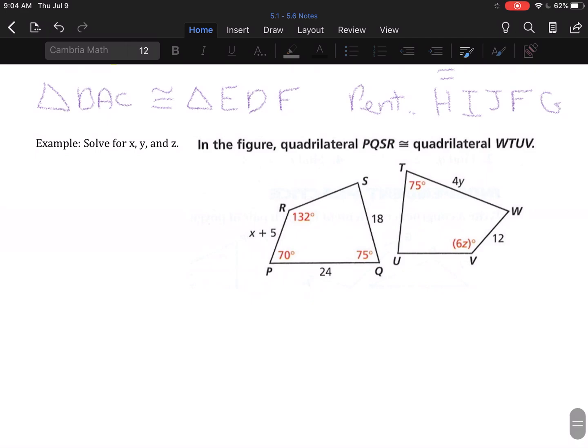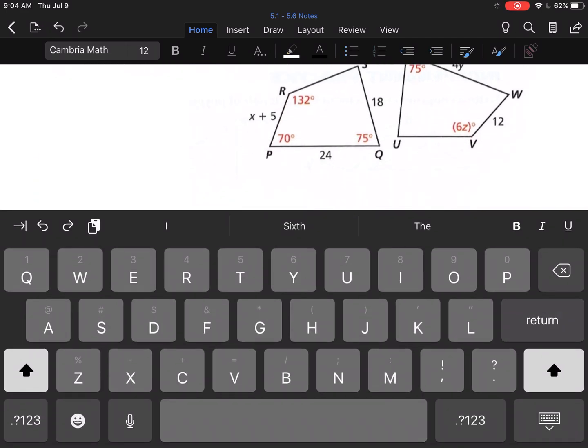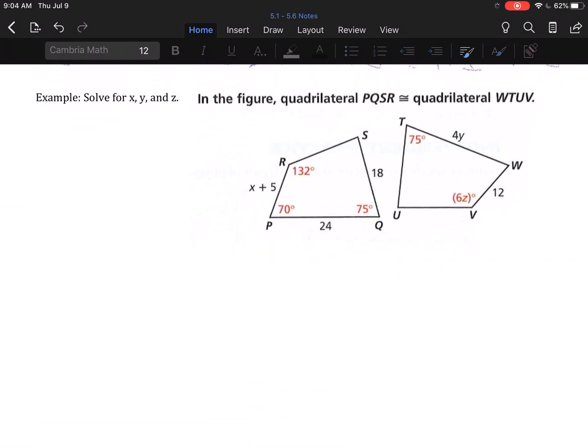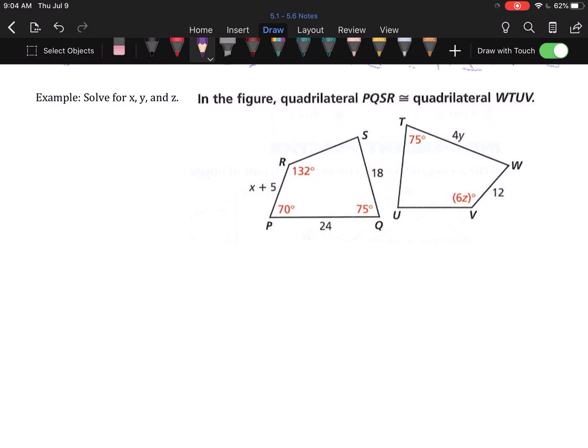Okay, let me give myself some space here so I can write without this jumping on me. So now we're being told in the quadrilateral, or in this figure, PQSR is congruent to WTUV.